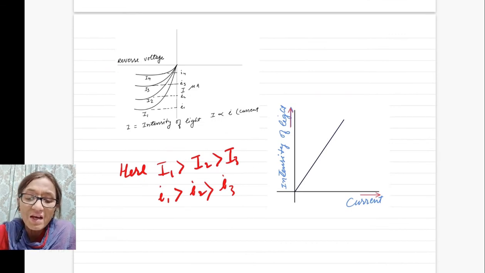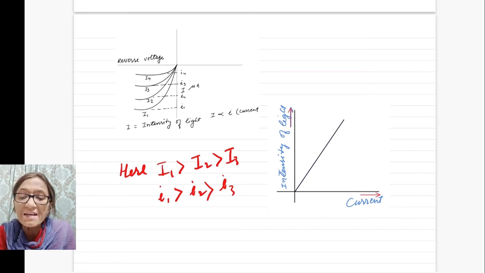Here you have a graph of current versus reverse bias voltage at different intensities, I1, I2, I3, I4. So when the intensity of light incident on the photodiode is large, the current is large. When intensity reduces, current also reduces.